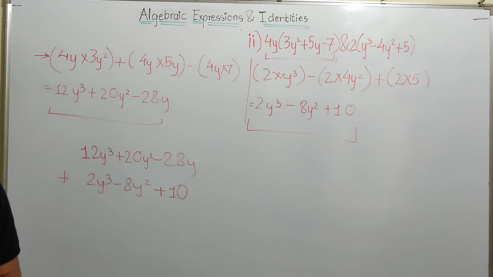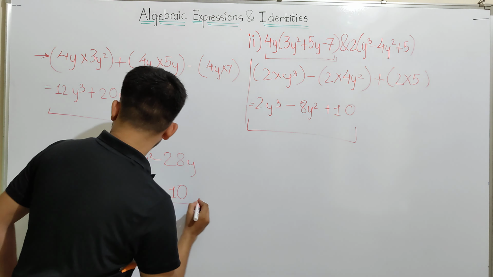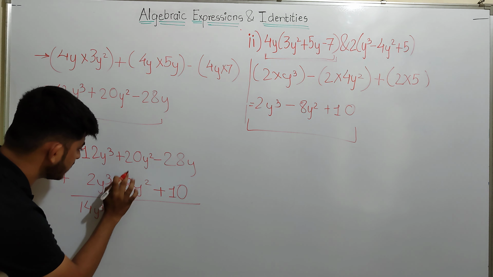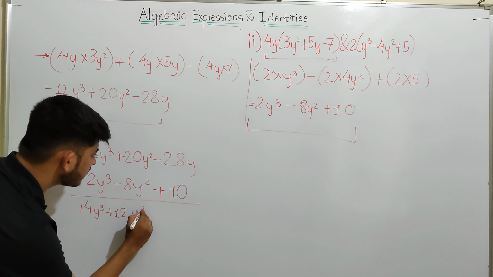Okay, is the question correct? Let's see. Yes, the question is quite correct. And see, by adding these two terms, 12y cube plus 2y cube, that is 14y cube, minus 20y square plus minus 8y square, 20 minus 8, 12, y square as it is.